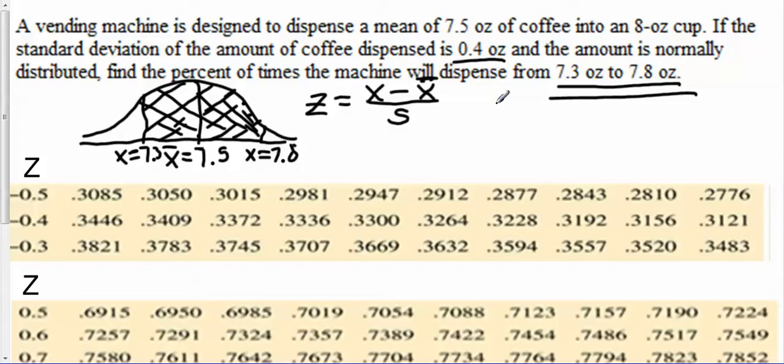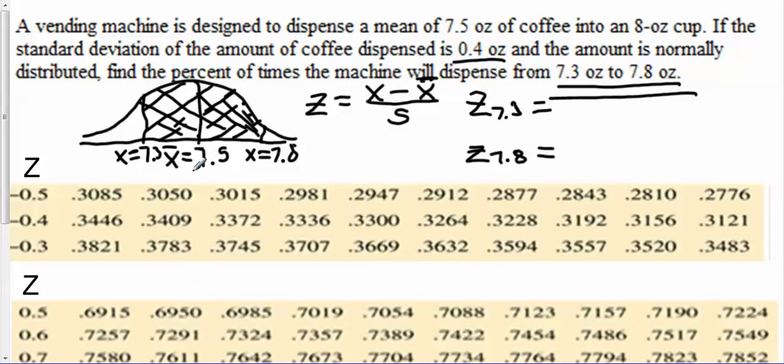So we need to calculate the z-score for the value of x of 7.3 and the z-score for the value of x of 7.8. Recall from our study of z-scores, the mean has a z-score of 0.